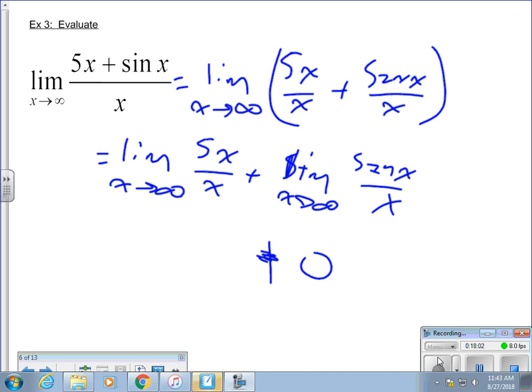And what is 5x over x? 5. And what is the limit of a constant? It's that constant, it's 5. So our answer is 5. The limit is 5. It approaches 5, not 0. Okay. Very close to the same behavior as before, but yeah.